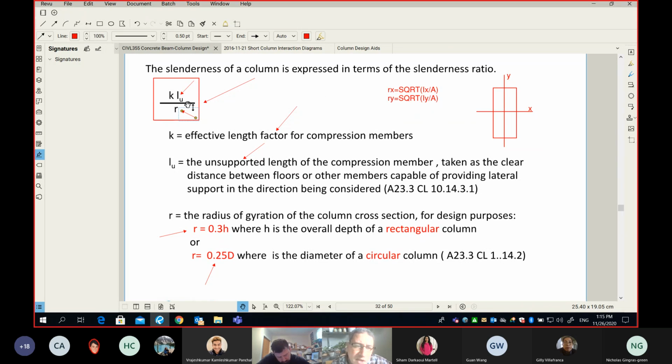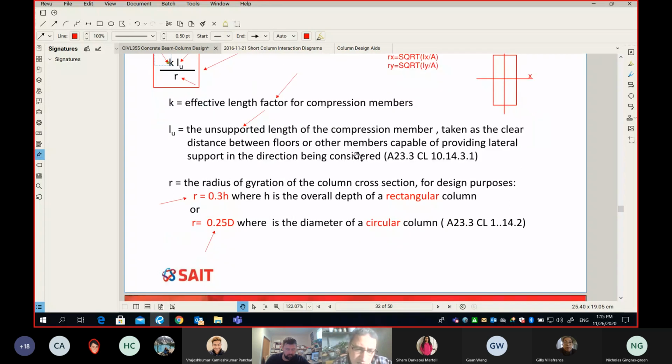So let me ask you, if this is millimeter and this is millimeter, and I said a few minutes ago that K is just a ratio, a factor, does the slenderness ratio have any units? Please answer if you can. No units. Unitless. Thank you so much. The slenderness ratio is unitless, dimensionless.